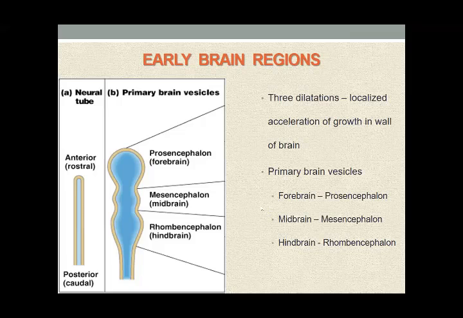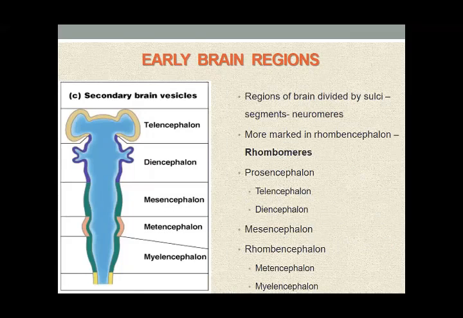This is also a quick recap. Now this entire neural tube, all the regions of the brain, are divided by sulci, transversely running sulcus.